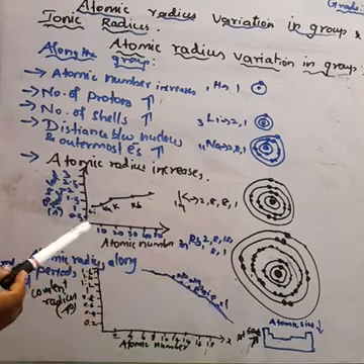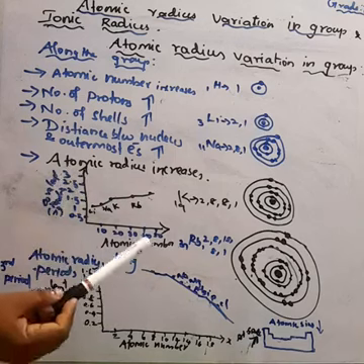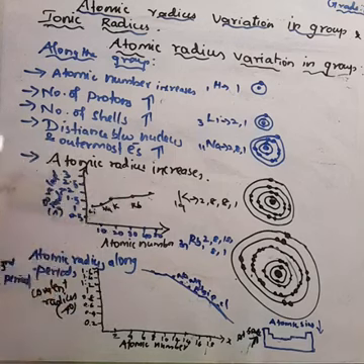But when we are moving from left to right in a period, atomic number increases, and the number of shells is the same. So the screening effect is less there. The nucleus, the protons, tightly attract the electrons towards itself.